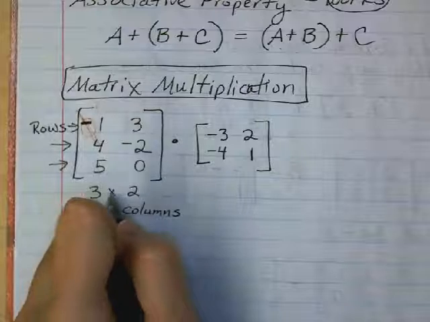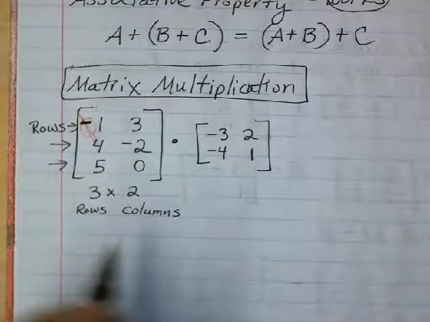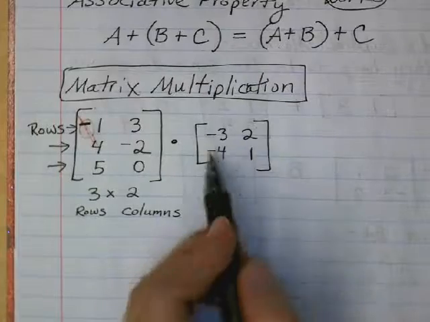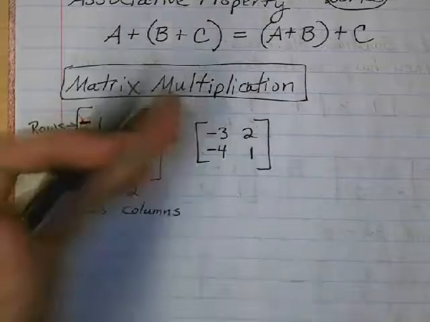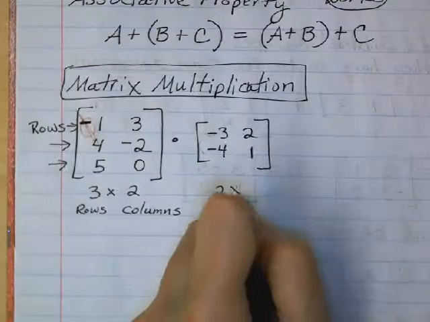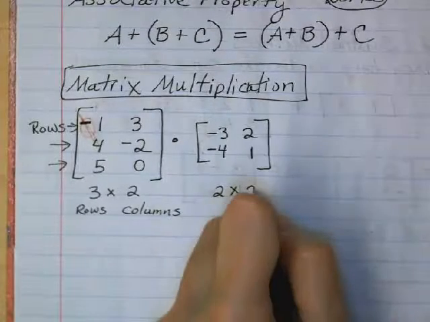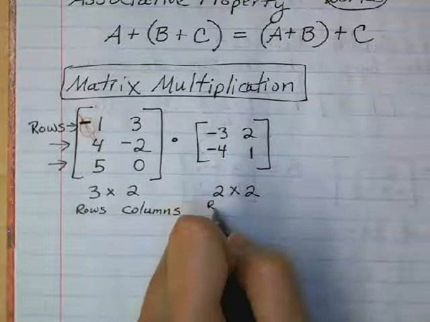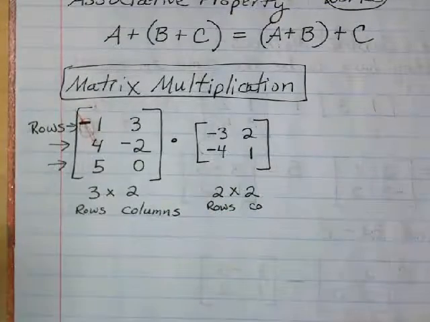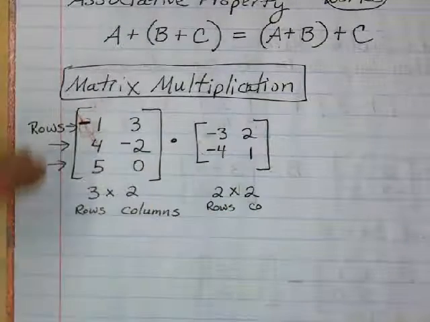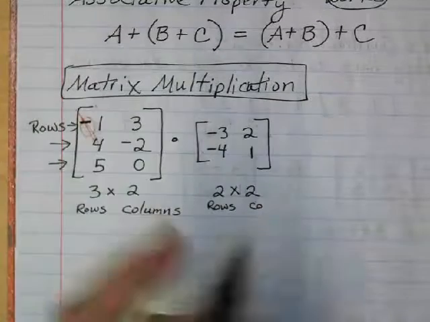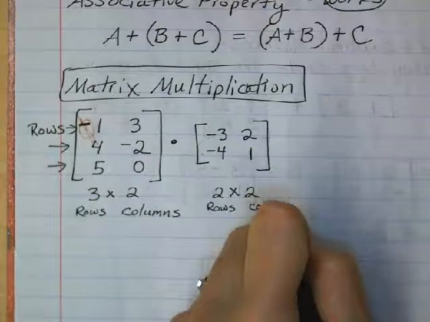So it's a 3 by 2 matrix. The other matrix over here has 2 rows side to side and 2 columns. When you write these down, you do have to write the rows number first, then the columns.